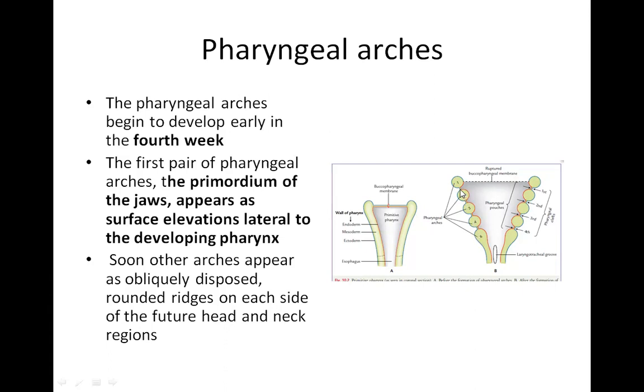So they appear as rounded ridges on each side of the future head and neck region. These all appear as ridges in craniocaudal sequence, one after another, and they are disposed obliquely on both sides of the primitive pharynx.